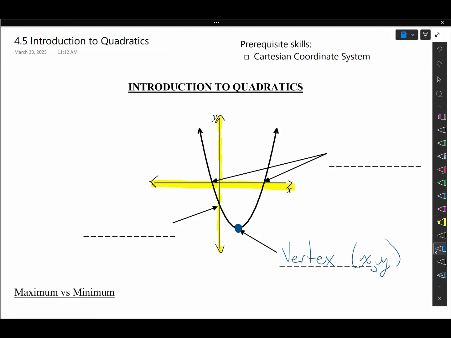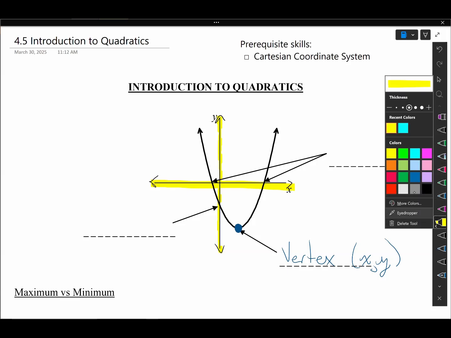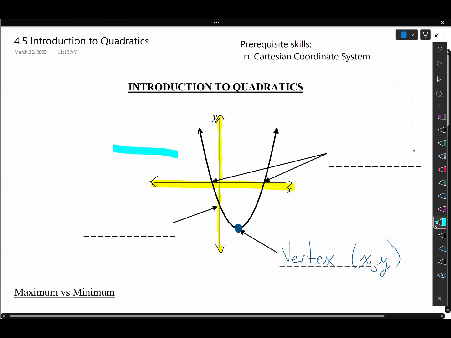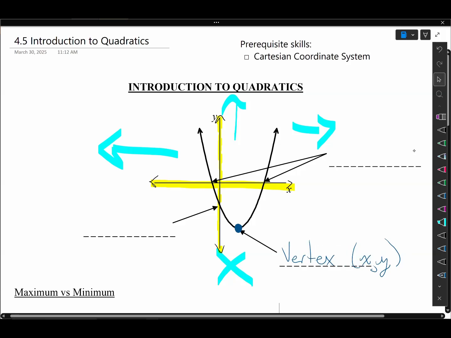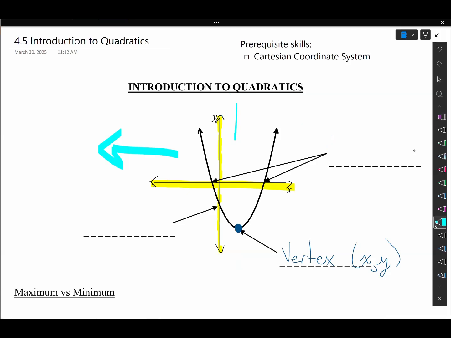Remember, we were just talking about how our parabola reaches to the left forever, it reaches up forever, it reaches to the right forever. It does not reach down forever. If it does not reach down forever and it exists, then it must have a lowest point that it reaches. That lowest point is our vertex. All right, sometimes it's the highest point depending on the direction your parabola is facing, but that's our vertex. It's given by an x and a y coordinate.